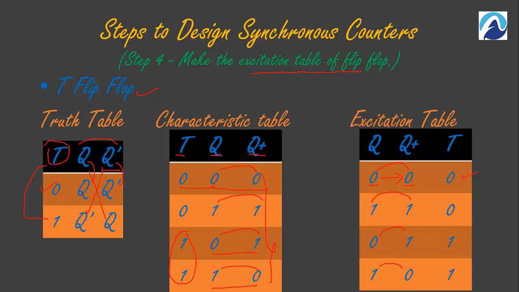It means in the excitation table, if in the present and the next state I don't want any change, it doesn't matter whether the state is 0 or 1, the value of T remains 0. And if I want any change in the state of the flip-flop, if I want 0 to be 1 or 1 to be 0, I need to provide the input T as 1. I need to use that flip-flop in the toggle state.